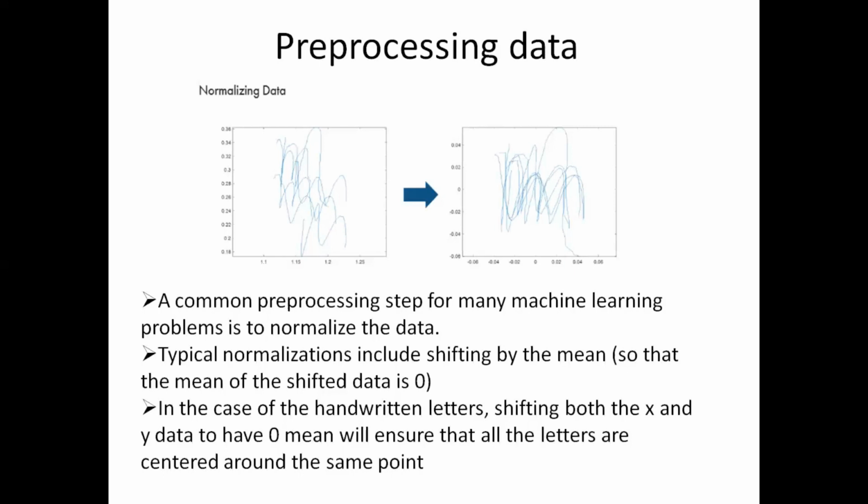By normalizing the data we ensure that all the letters are centered around the same point. We will do this by shifting the mean, so that the mean of the shifted data is 0. We will shift the mean of the x-axis position and the mean of the y-axis position. That is how we are going to normalize the data.